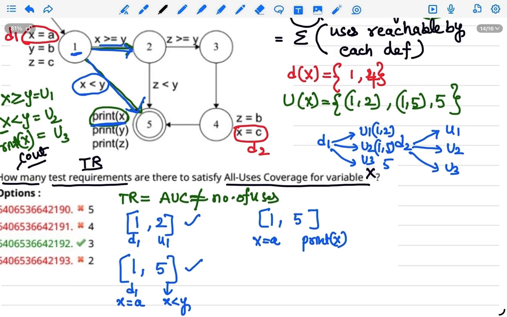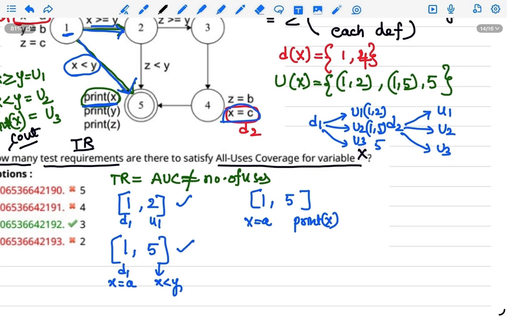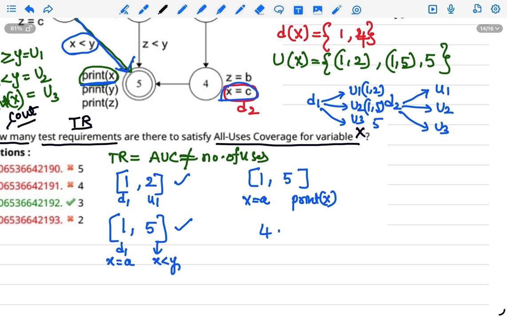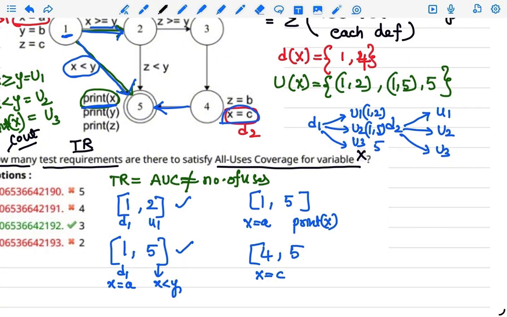Next is the definition at node 4, that is x equals c, definition 2, and the use is print x. This is a valid path, right? There is no redefinition between 4 comma 5 and print x.